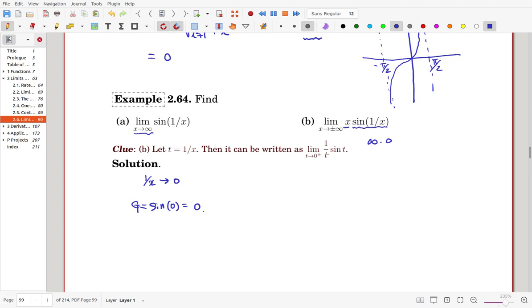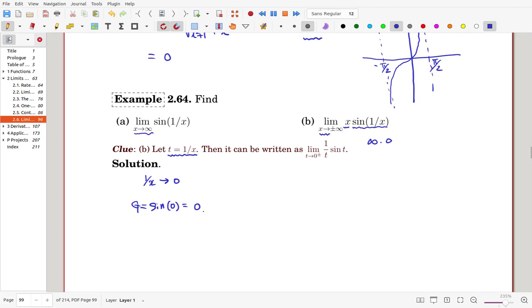To handle the problem, we use a new variable, a sort of change of variable. Rather than 1 over x we put t, and rather than x we put 1 over t.